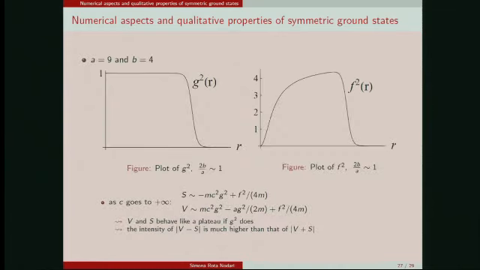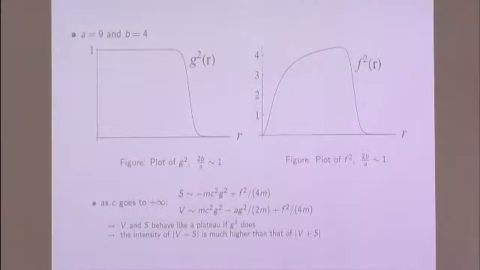Take, for example, A equal to 9 and B equal to 4. Then G squared and F squared behave in this way here. But as C goes to infinity, we know that S is more or less minus mc squared G squared, and V is more or less plus mc squared G squared.